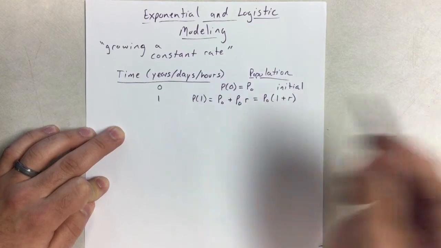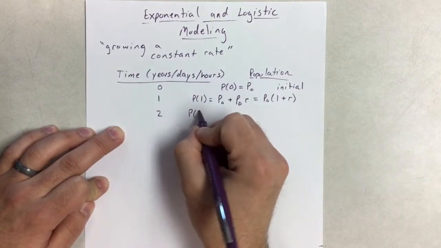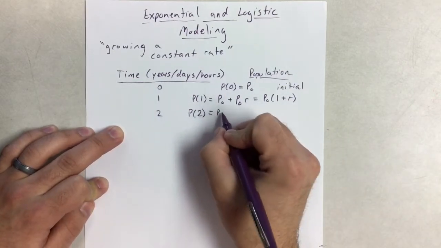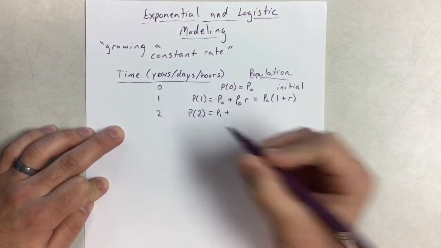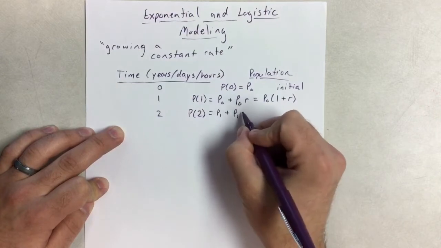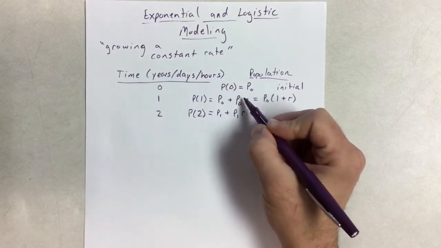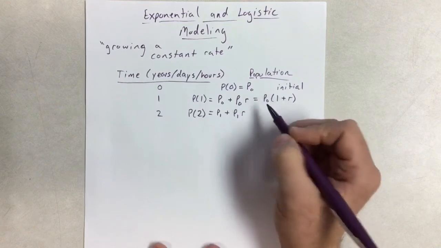Okay? So let's say after 2 years. After 2 years, what do we have? So after 2 years, I take the first year's population and I add to the first year's population the product of the first year's population multiplied by the rate. So each year I'm adding the rate multiplied by the previous year's population.